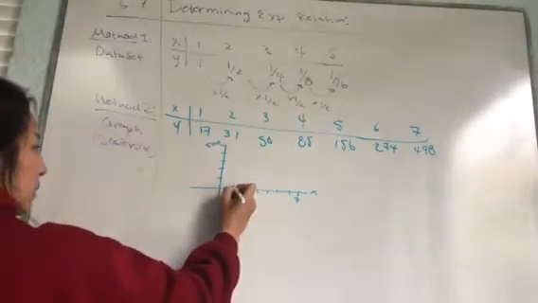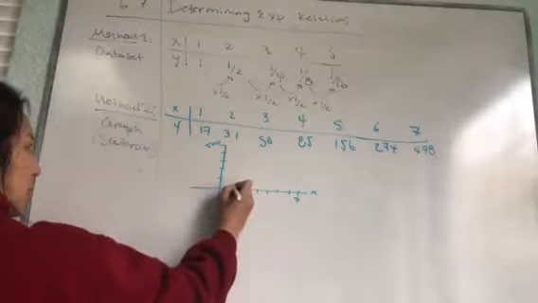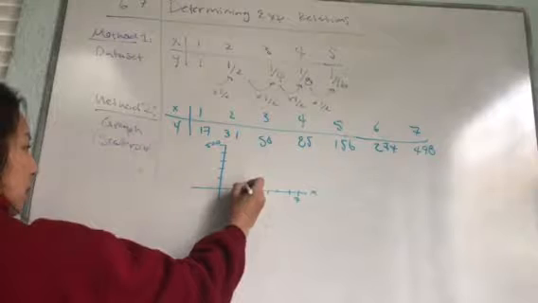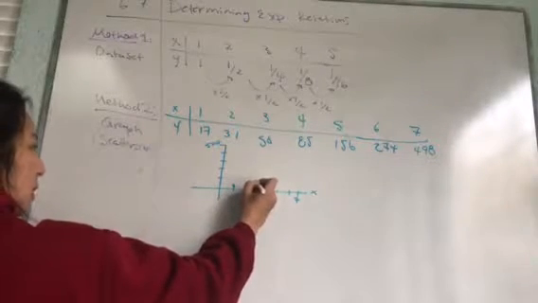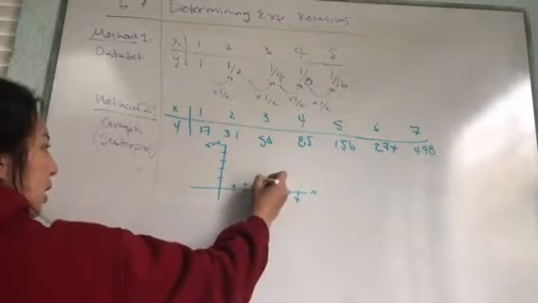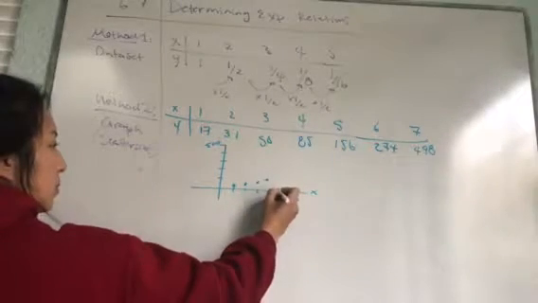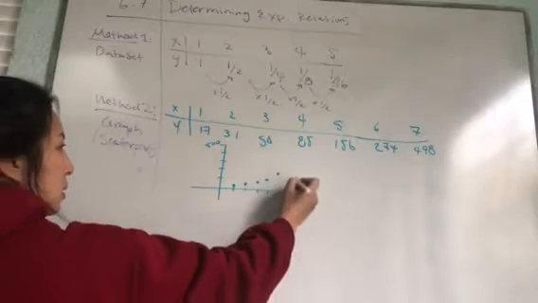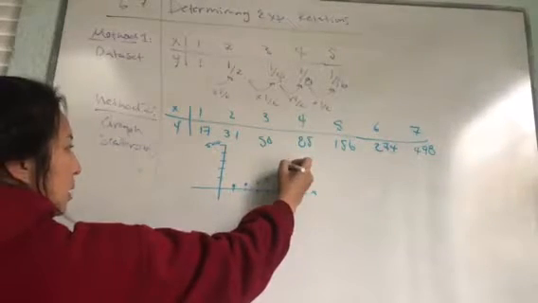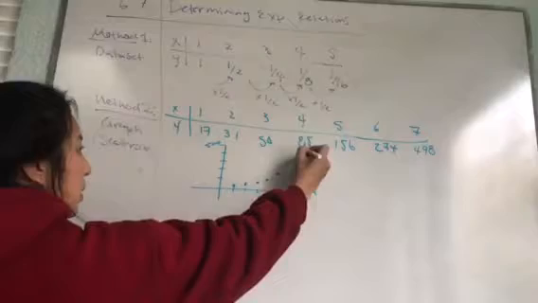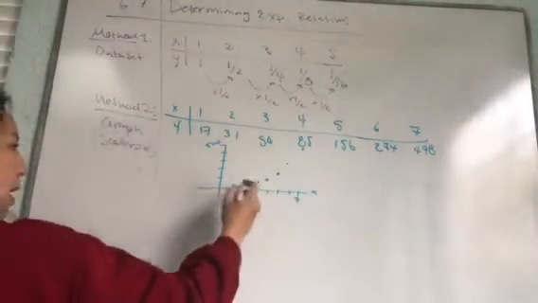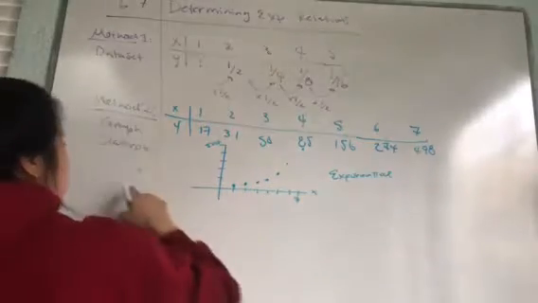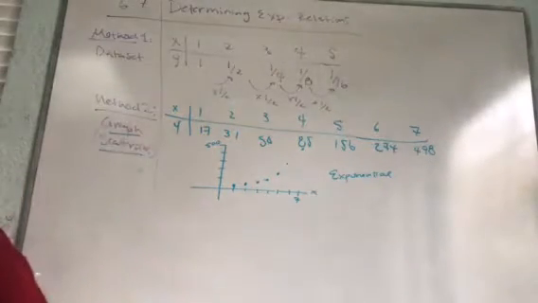And if I quickly graph this, 1 and 17 is over here, 2 and 31 is over here, 3 and 50, 4 and 85, 5 and 156, 6 and 274 is over here, and then 7, 498 is way up here. So you can see that we have an exponential function just by graphing the scatter plot.